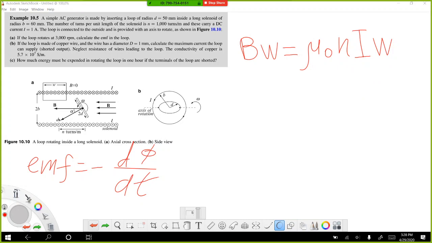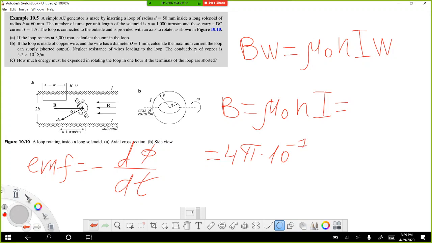From this equation we find that the magnetic flux density B will be equal to mu 0 N I. Mu 0 is the constant magnetic permeability of empty space, which is 4 pi multiplied by 10 to minus 7, N is 1000 turns per meter, and I, the current flowing through our solenoid, is 1 ampere.